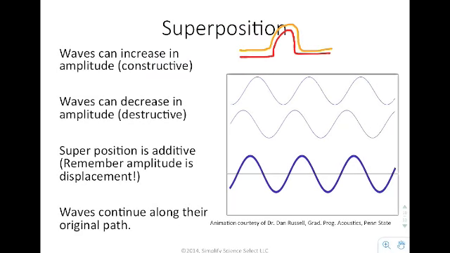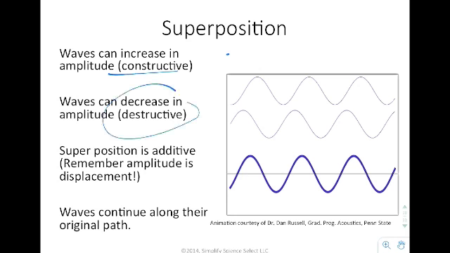The superposition is always additive. So the resulting wave of adding these two together is going to be one massive wave. Say each one was 1, the resultant of the new wave is going to be 2. You always add them together. That's called constructive interference because the wave increases in amplitude.